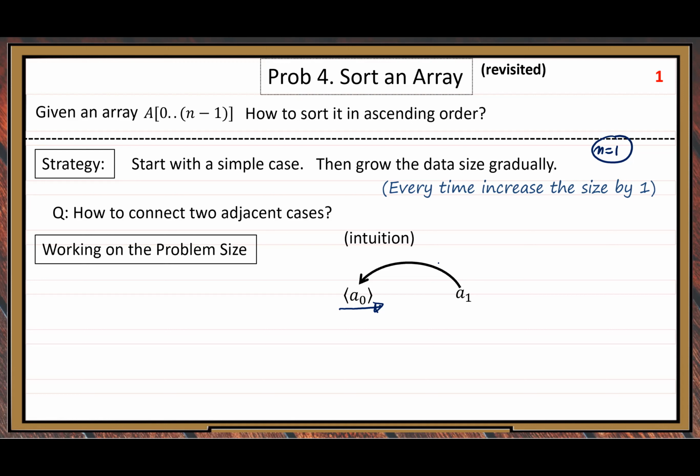That's what we need to do here. By one comparison, you can make it work. Compare A0 and A1, and you will get this new ordered array, A0, A1. Here you just assume one is greater than the other, so you get it sorted. For simplicity, I just write A0, A1.